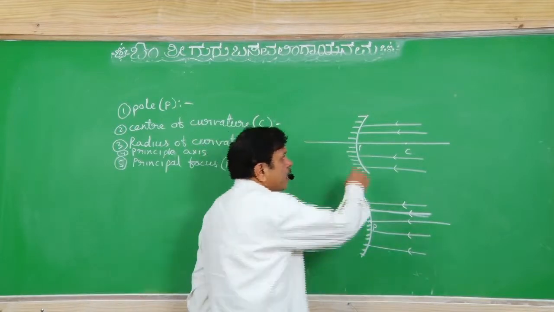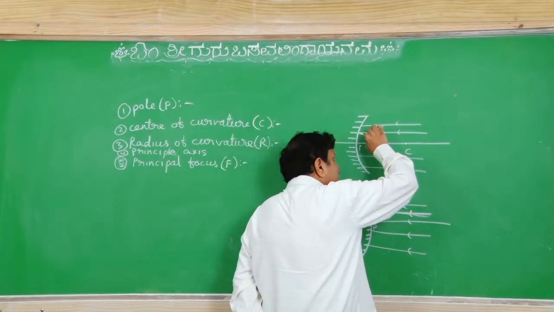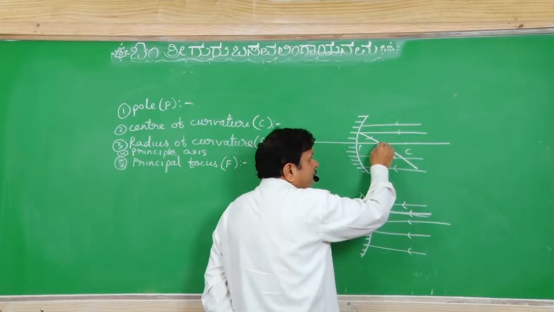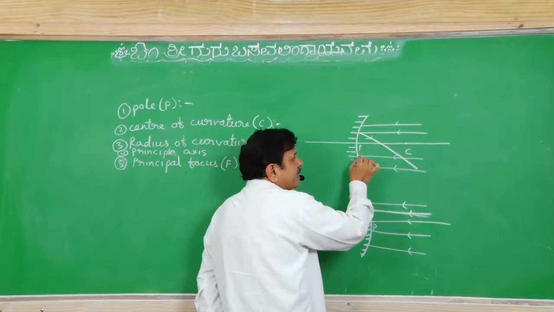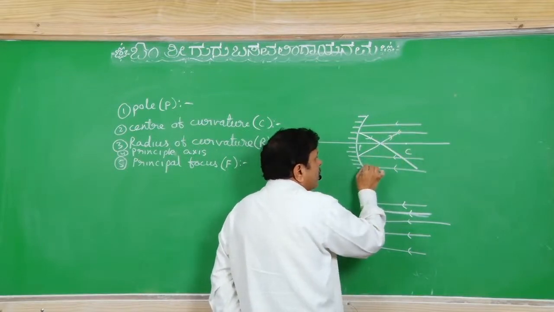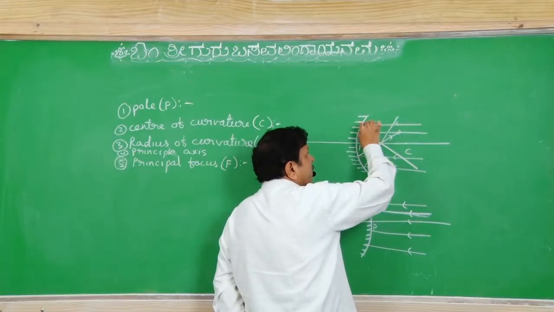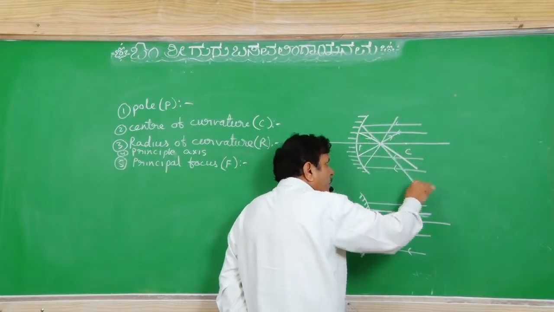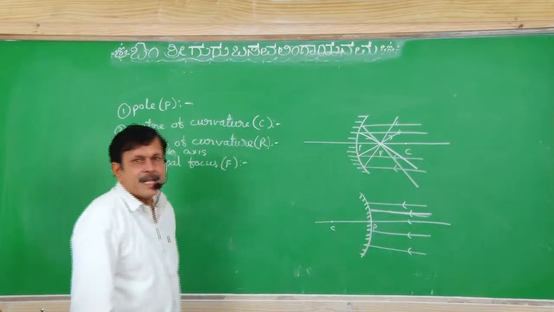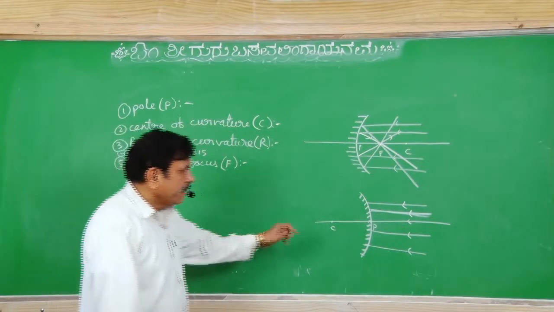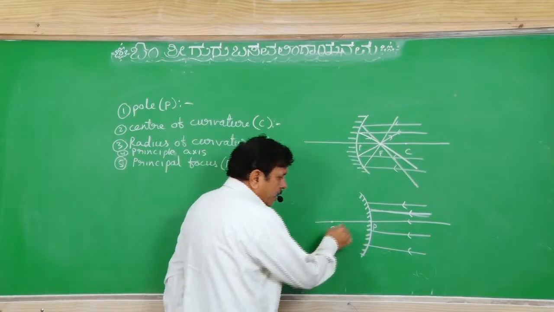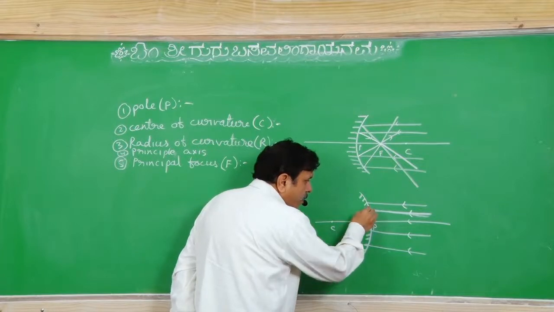Well, what happens here? This ray is reflected back like this. On the principal axis, what is being found? That all the rays will be found to be passing through this point, which is called the principal focus. In this case, since the rays cannot go in, it appears as if it is coming from one point.